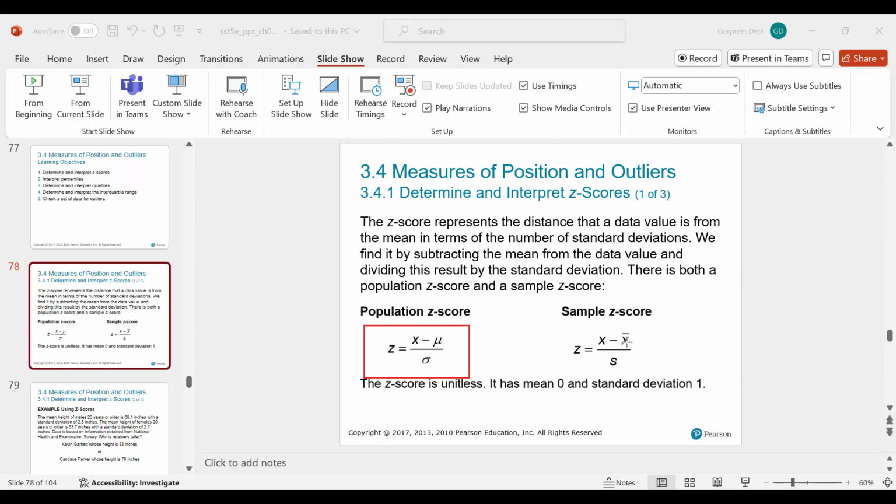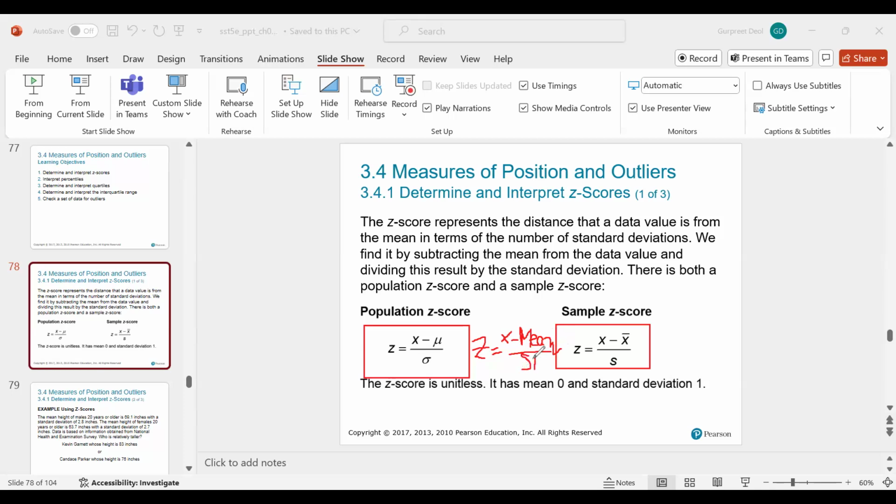If somebody wanted to write this as one formula, they would write Z is equal to how far away your value is from the mean, X minus the mean, divided by SD, standard deviation.